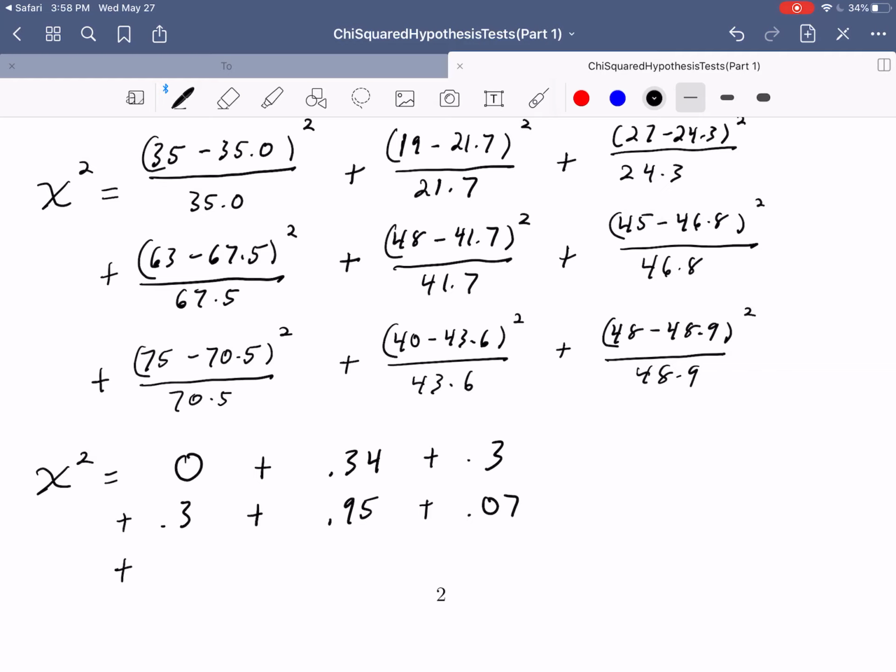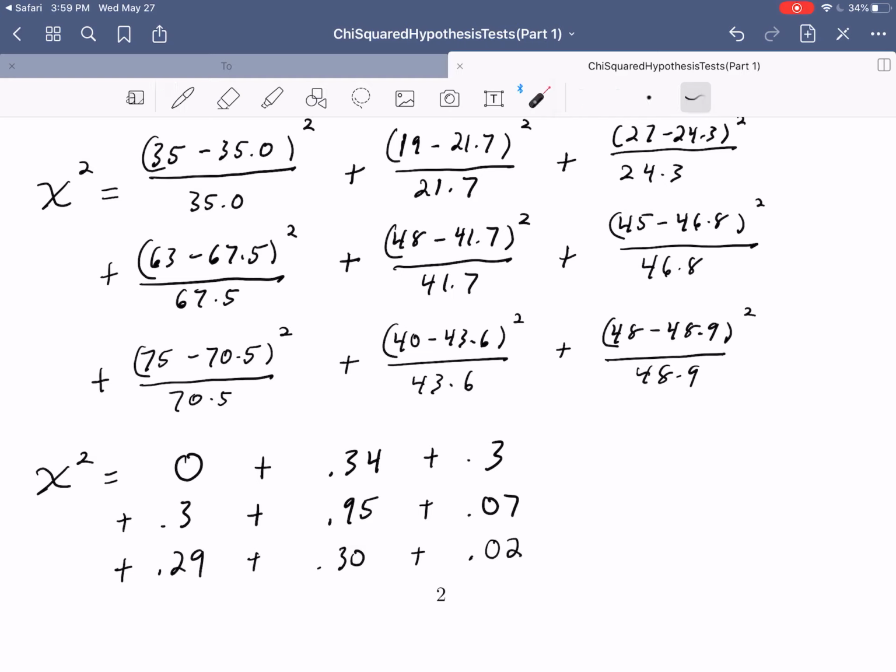Then 75 minus 70.5 squared divided by 70.5 looks like you should get 0.29 plus 40 minus 43.6 squared divided by 43.6. Looks like you should get 0.30. And then finally, 48 minus 48.9 squared divided by 48.9. Looks like you should get 0.02.